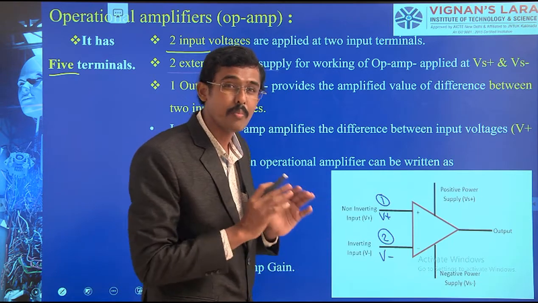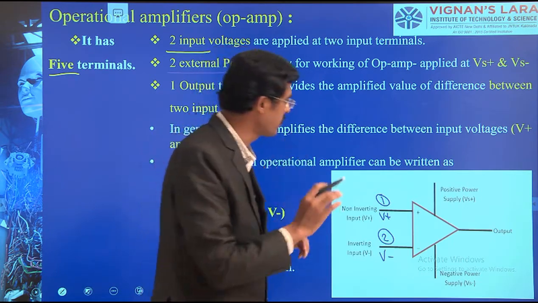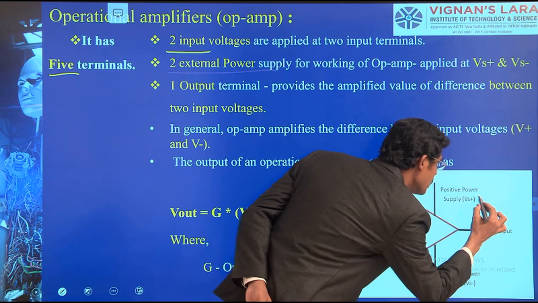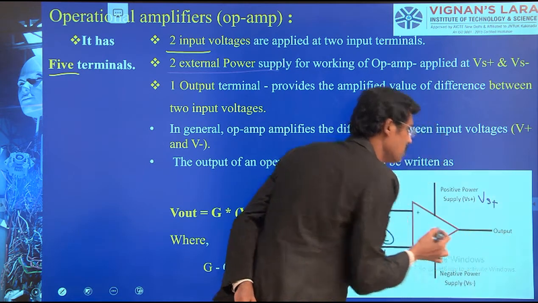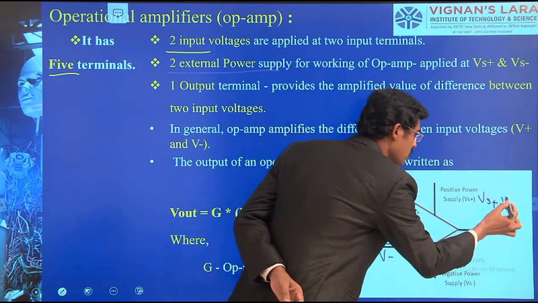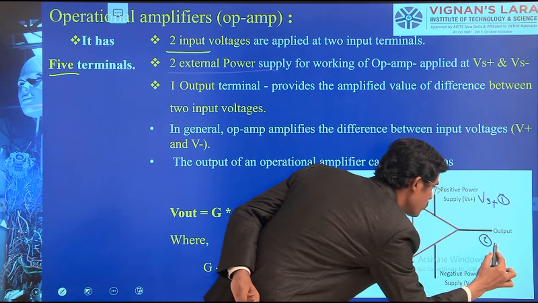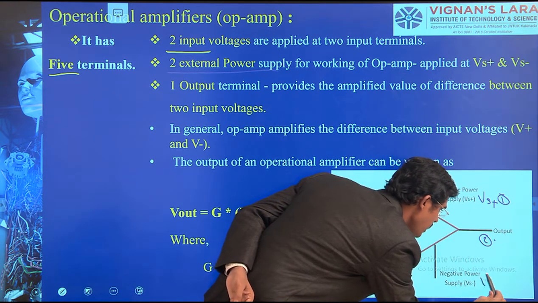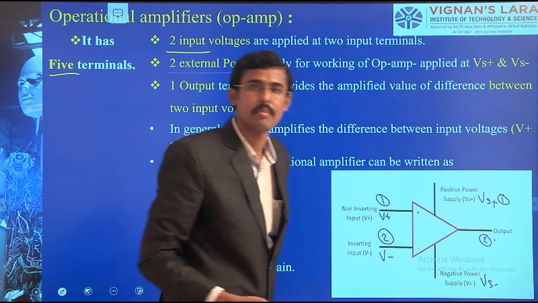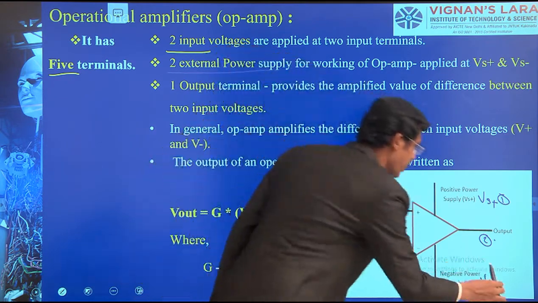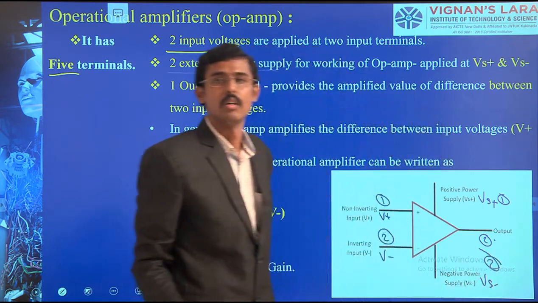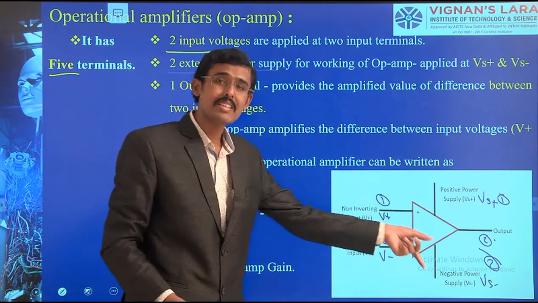For the operation of this module I am giving V S plus 1, and 2 here, sorry, V S minus. Supply I give in 2 directions. This I am considering as the second one. So 2 inputs, 2 power supplies I have given.